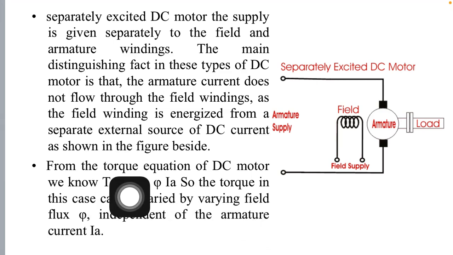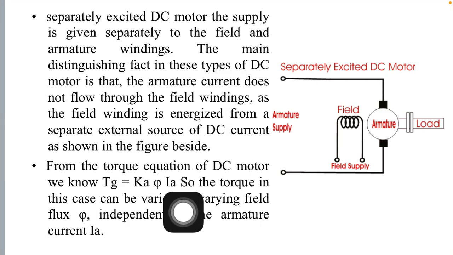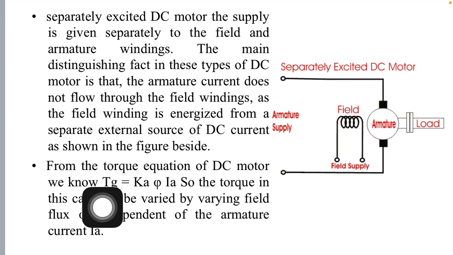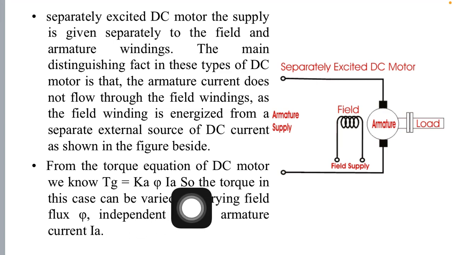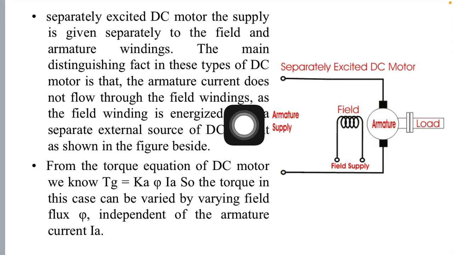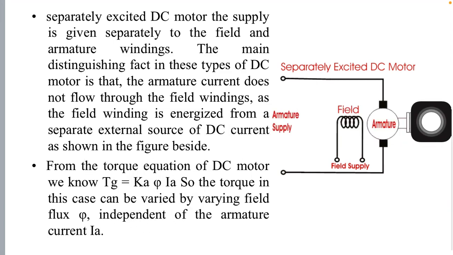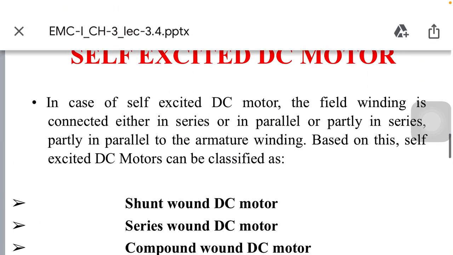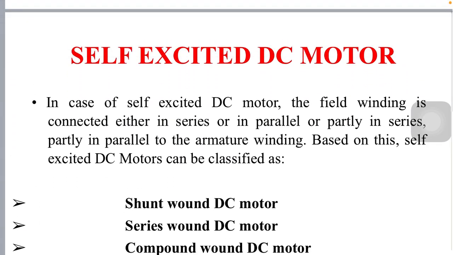So if we need to change the torque, we can change the flux, or we can change the armature current. Both phi and IA can be changed, and through both methods we can change the torque. That is the advantage of the separately excited motor.